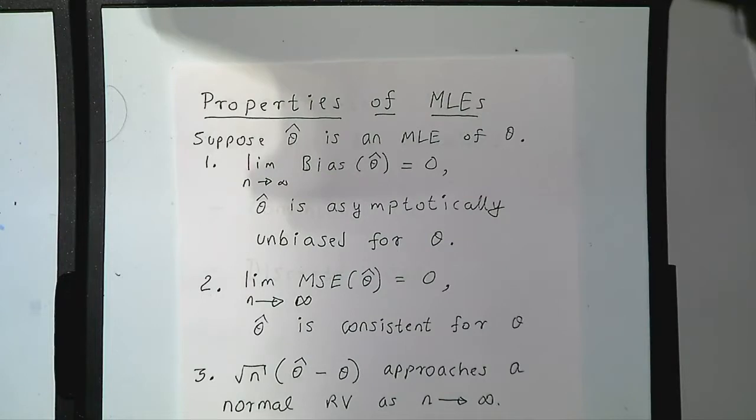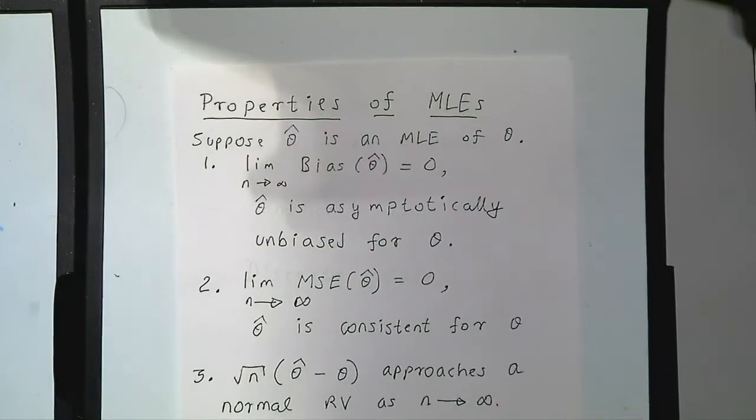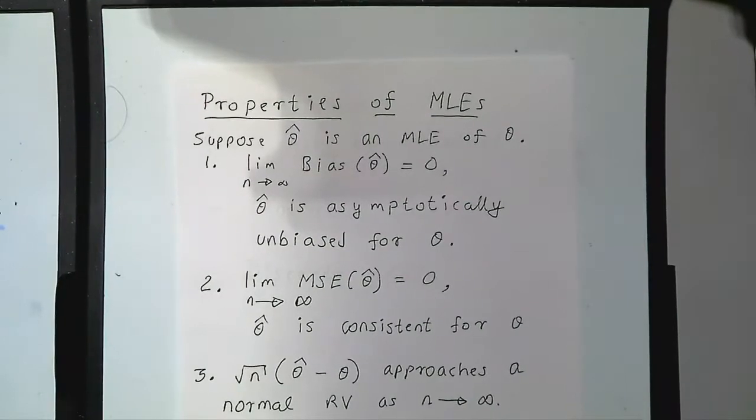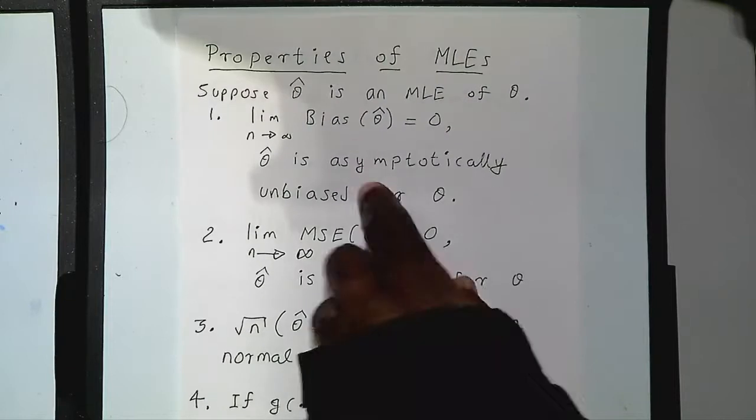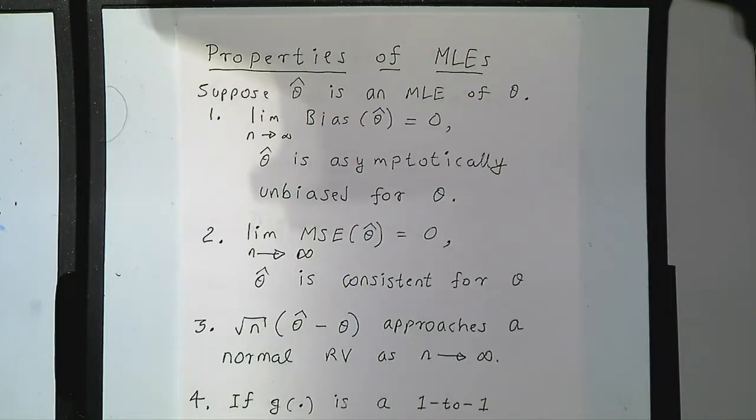Now, I'd like to begin, as usual, by summarizing what I did on Monday. On Monday, I talked about the properties of MLEs for one parameter. These are four properties. The first property is that the MLE is always asymptotically unbiased.